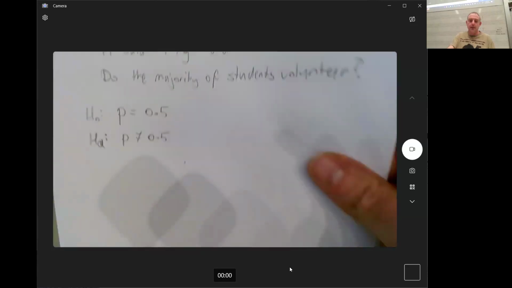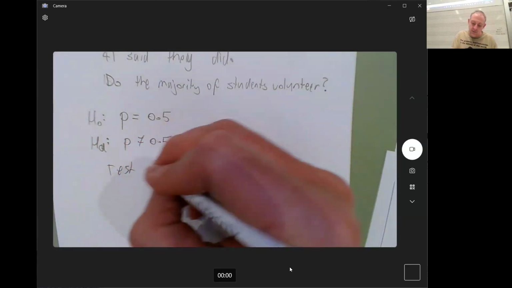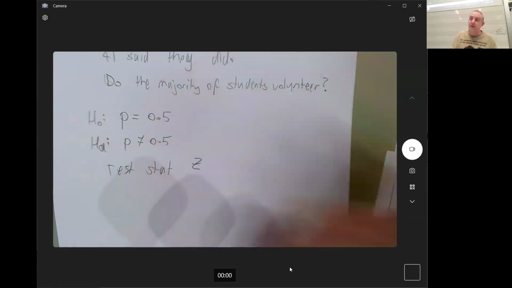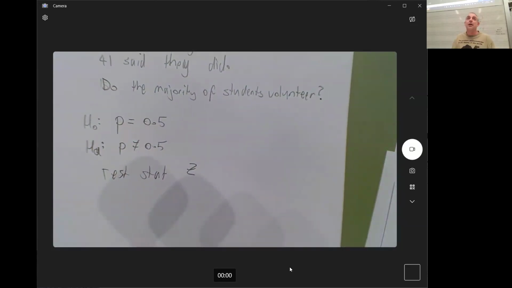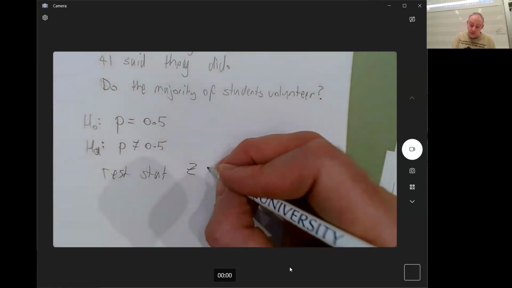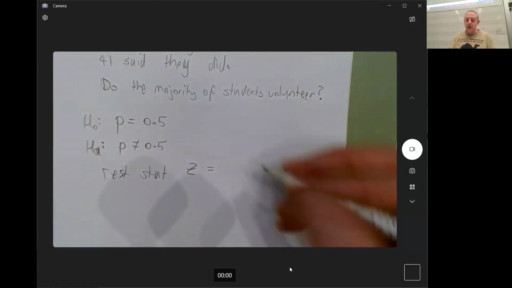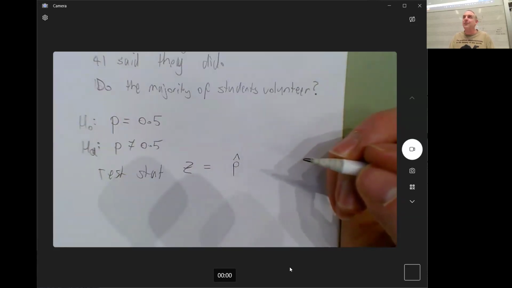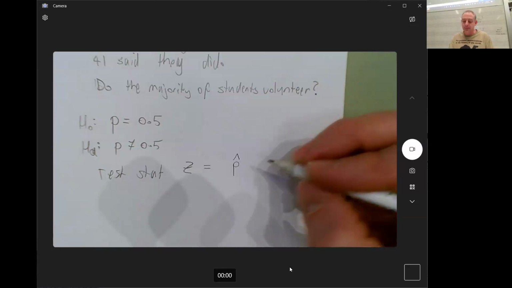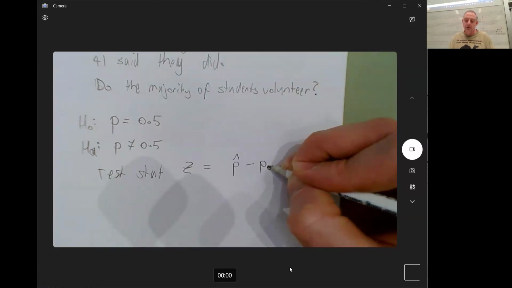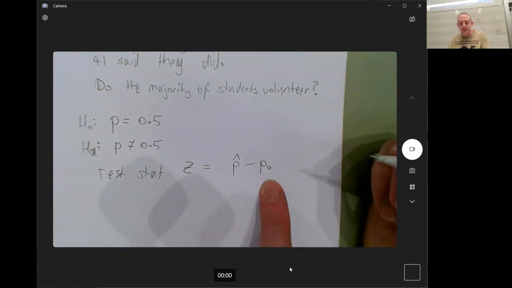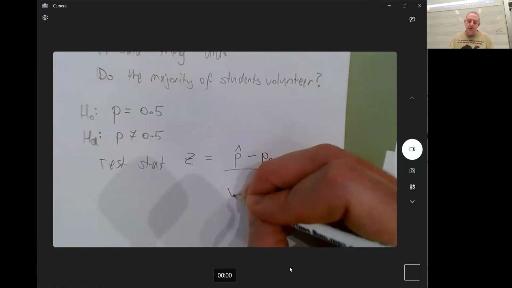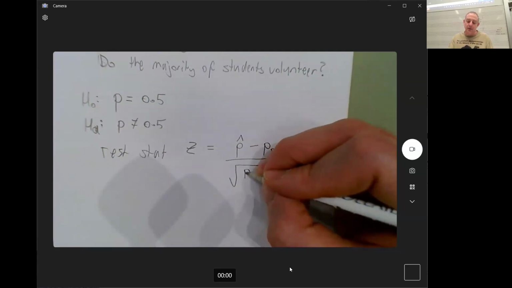Okay. My test statistic is a Z again. And it's always a Z for proportion. There's no Z versus T for proportions. It's just Z for proportions always. So here we go. It is P hat, not X bar, which is how we normally do it. It's P hat minus the P from the null hypothesis over, I'm pretty sure it is this.